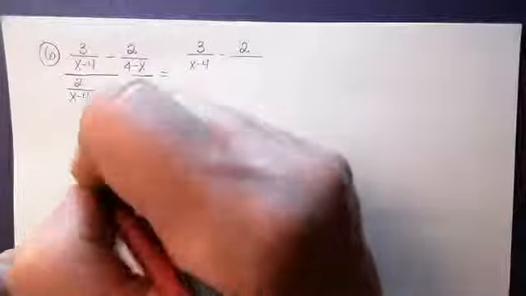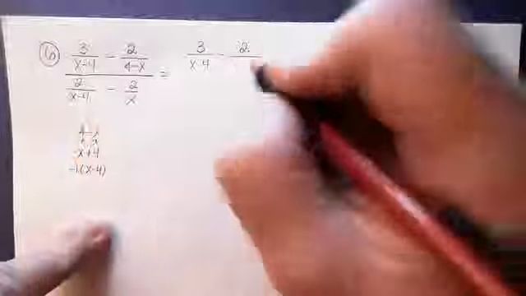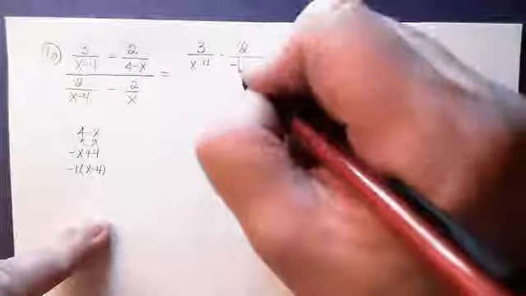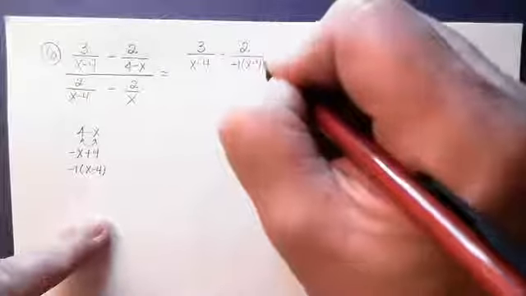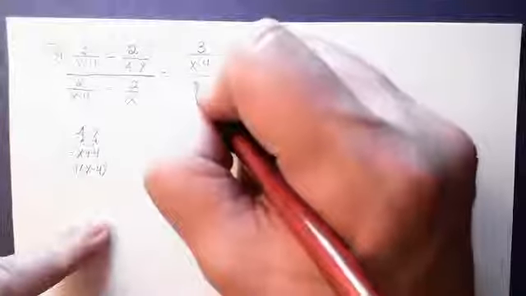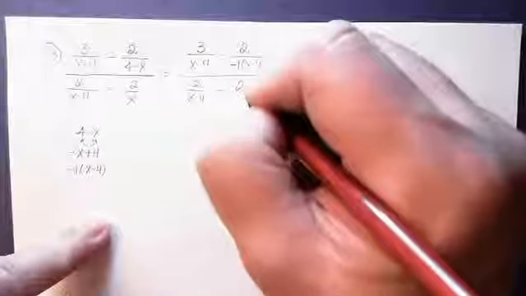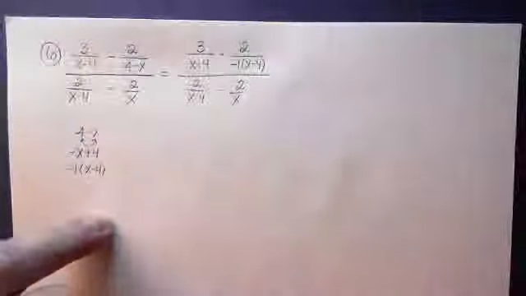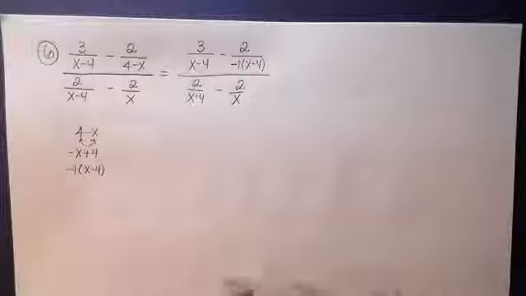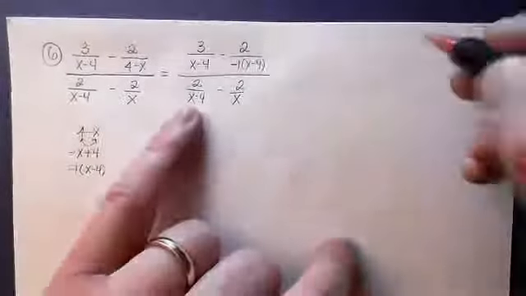So this would be negative x plus 4. And we're also going to factor negative 1, so this would be x minus 4. So basically, this is negative 1, x minus 4. And here, we're going to have 2 over x minus 4 minus 2 over x. Alright. Now, what we're going to do is find the LCD.